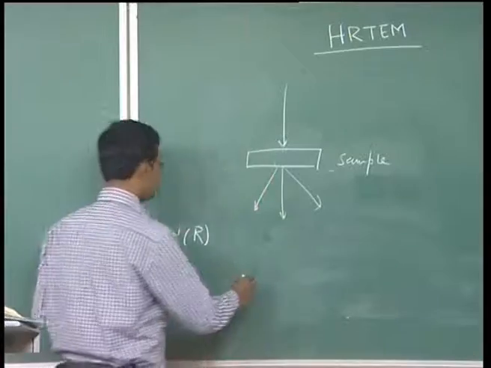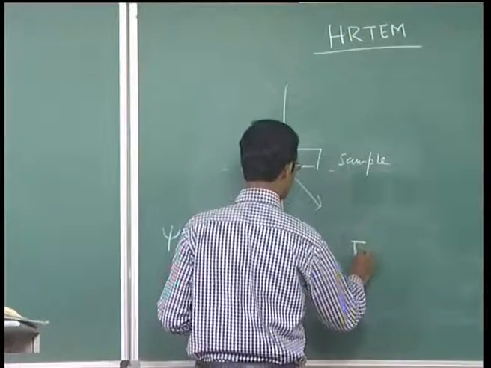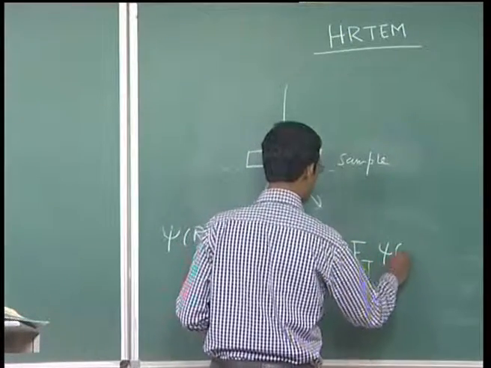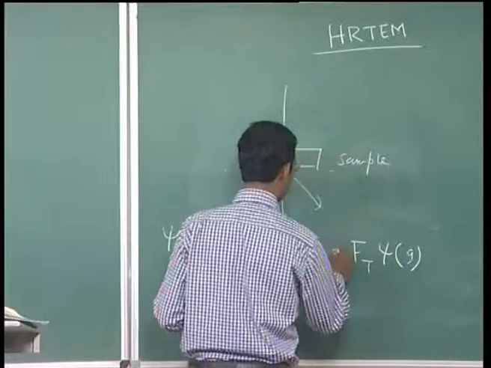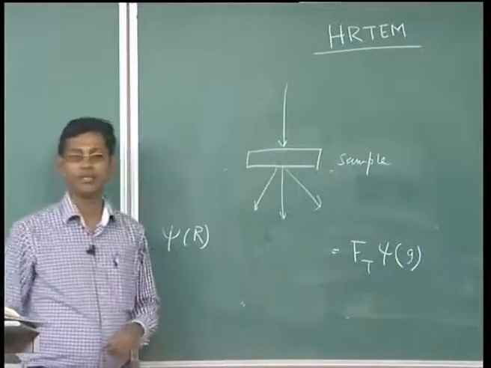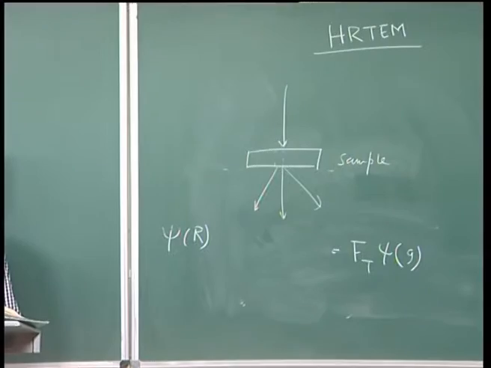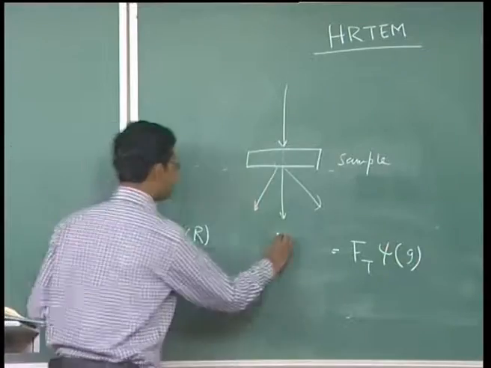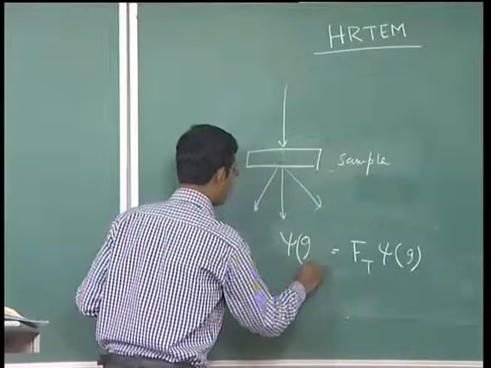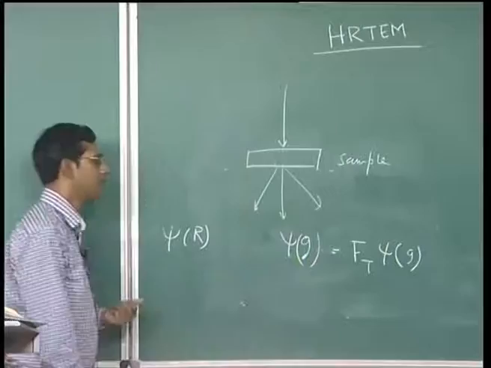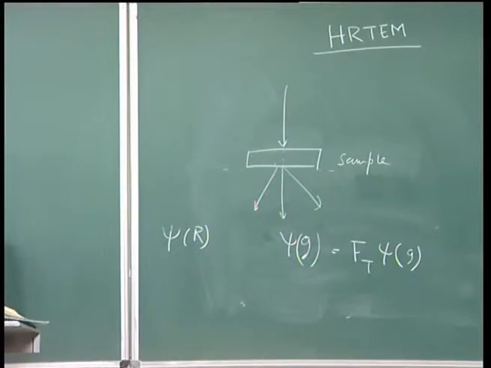If I take a Fourier transformation of this object function, that is nothing but the diffracted beam intensity. This is what Fraunhofer diffraction theory tells us from the very basic knowledge.